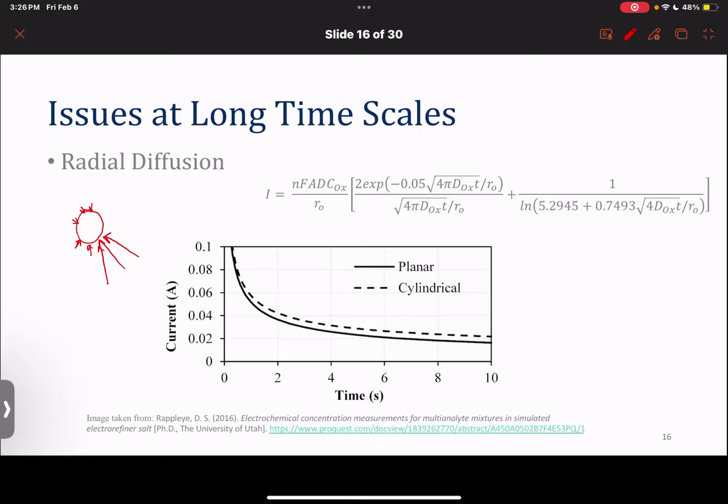This is what's called radial diffusion. Rather than just having semi-infinite linear diffusion, which is like this, I actually have a couple flux lines converging to my surface, creating a lot more flux than semi-infinite linear diffusion.